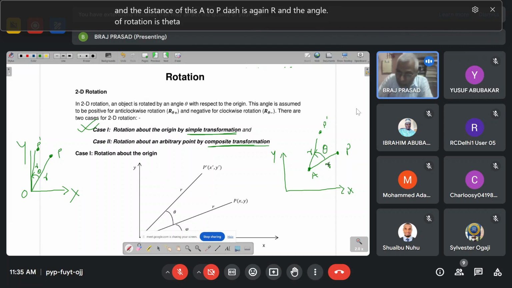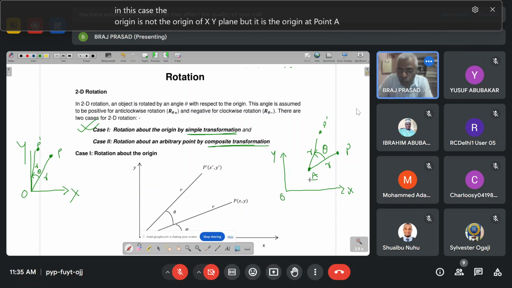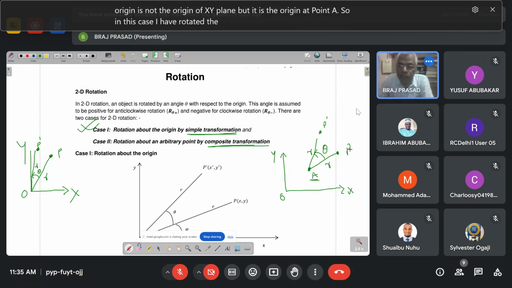But in this case the origin is not the origin of the xy plane, but the origin at point A. So I have rotated the object from point P to P dash about this point A.